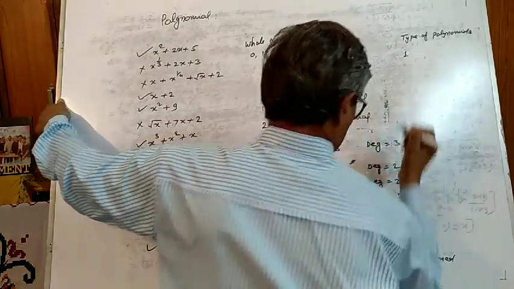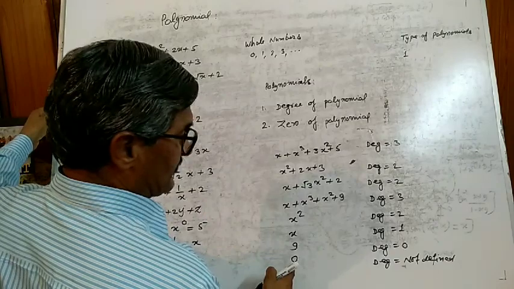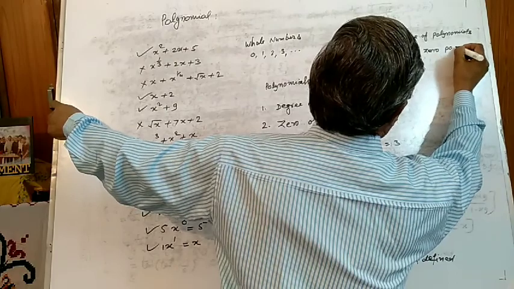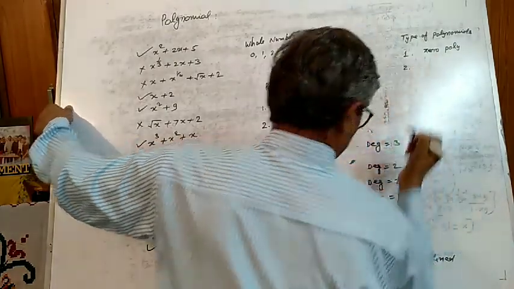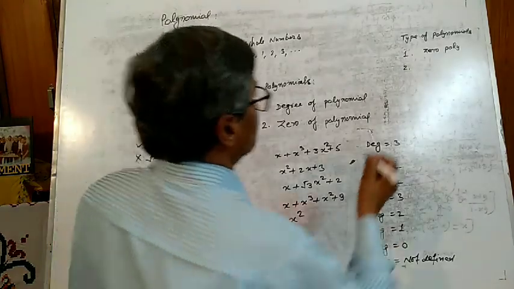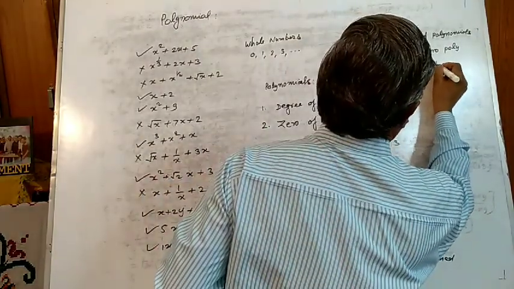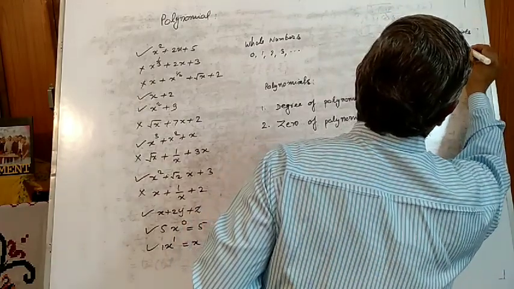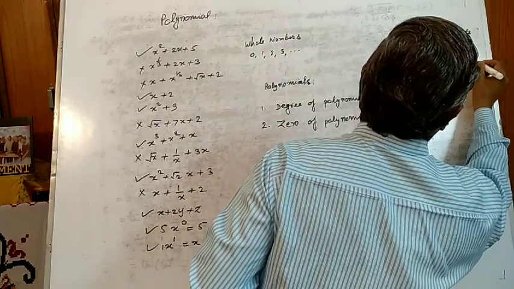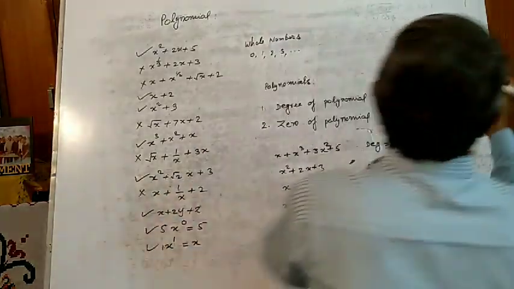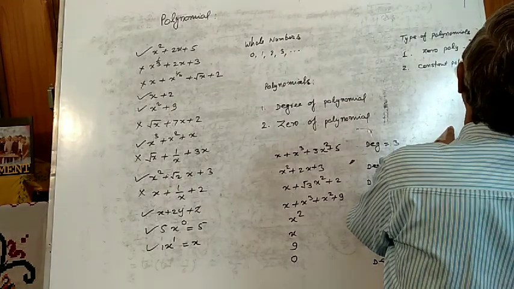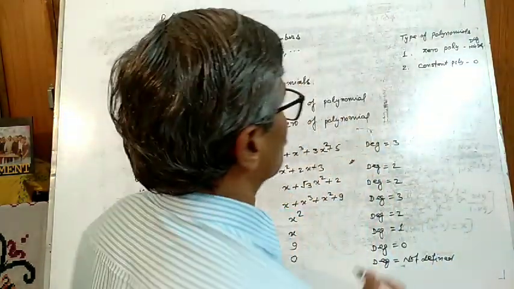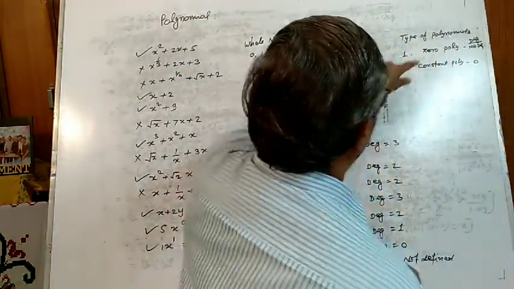Polynomials. First, if degree is not defined, it is 0 polynomial. Second, if degree is 0, then constant polynomial. Here degree is not defined. Here degree is 0. Degree and name.